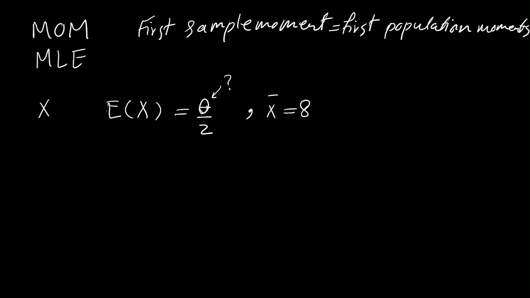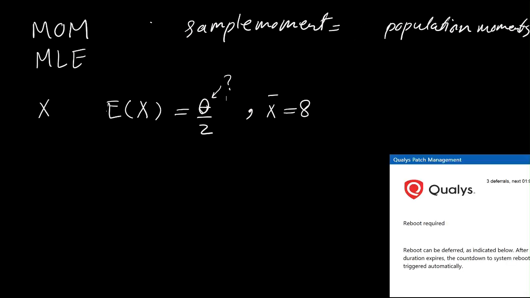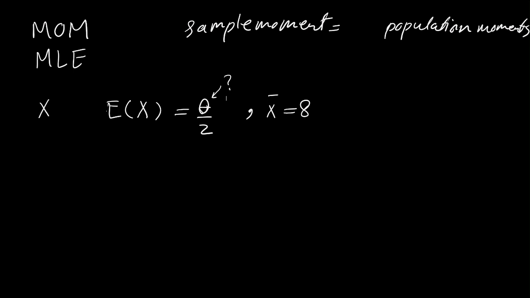By using the method of moments, we know that first sample moment is equal to first population moment, 10th sample moment is equal to 10th population moment. So what is the sample moment? What is the population moment in general? Let's write the kth sample moment.